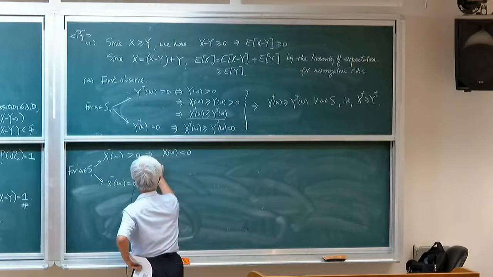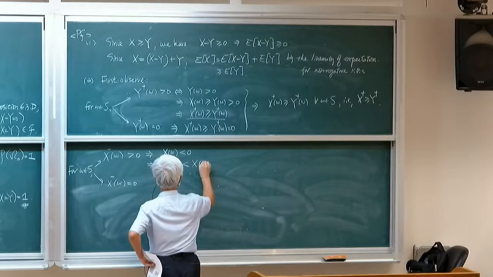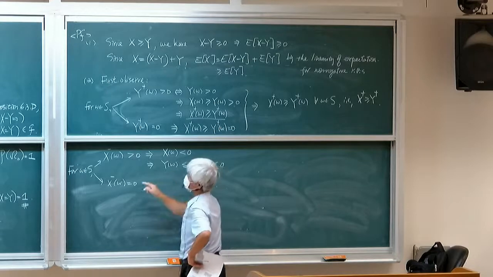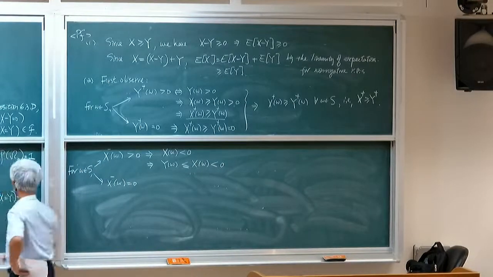And we know y omega is less than or equal to 0, because x is greater than or equal to y.